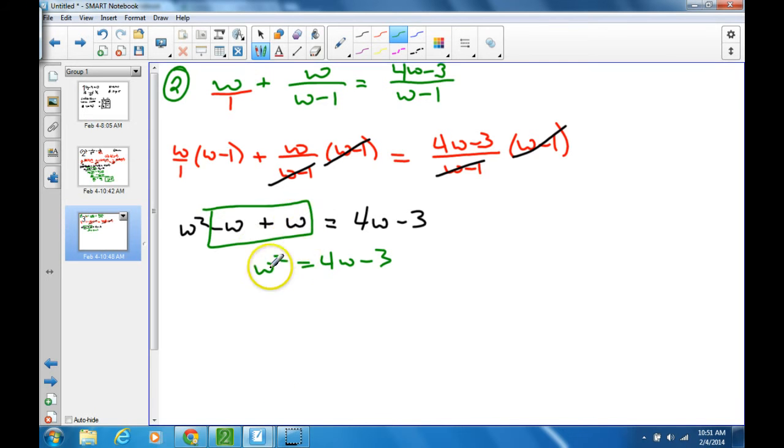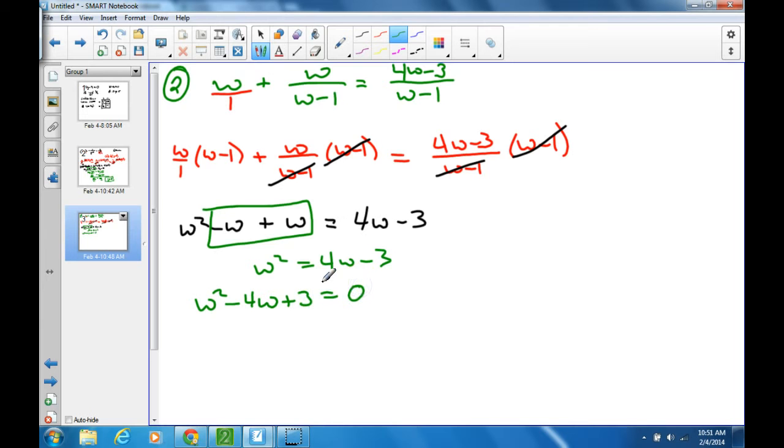Now, we got a w squared. That tells me I have a quadratic, and I need to use the box method to solve for that. So before I can even do that, I need to put it all on one side. So to get this 4w to the other side, I'm going to subtract it, right? And to get this negative 3 to the other side, I'm going to add it. What?